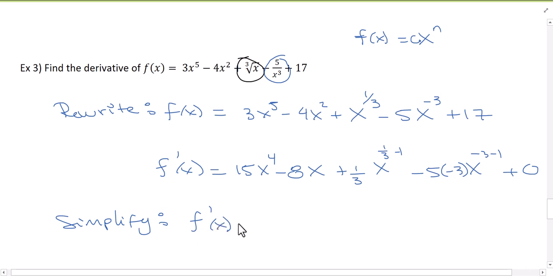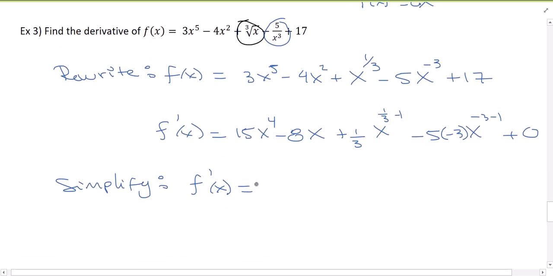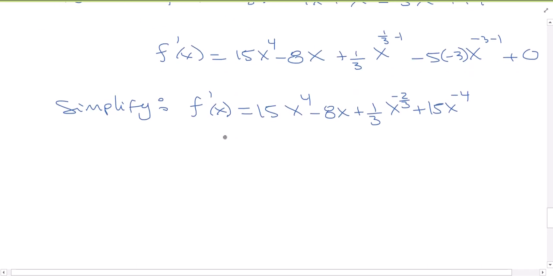I will always want you to simplify your derivatives as much as possible. So go as far as you can. 15x to the 4th minus 8x plus 1/3 x to the negative 2/3 plus 15x to the minus 4. And no negative exponents, so let's rewrite it. 15x to the 4th minus 8x plus 1/3 x to the 2/3.